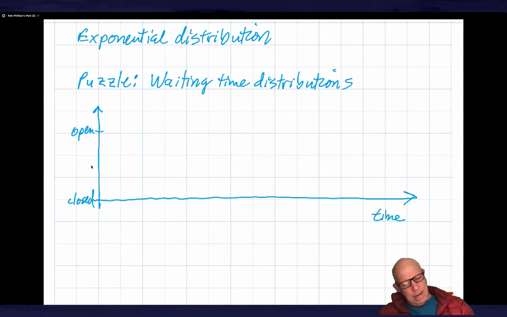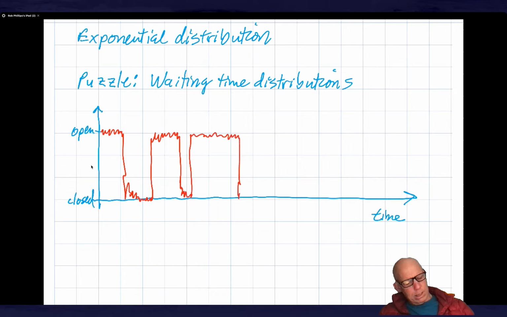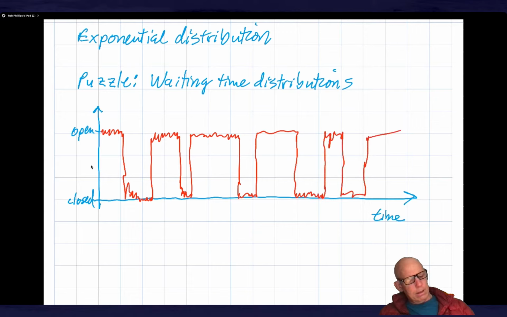And now I'm going to imagine that this thing is doing something like this. Maybe getting kind of lazy, but something like this. Okay, and so you get the idea, which is that this is an open state of the channel, and this region is closed state.